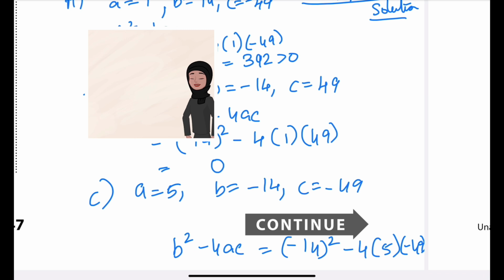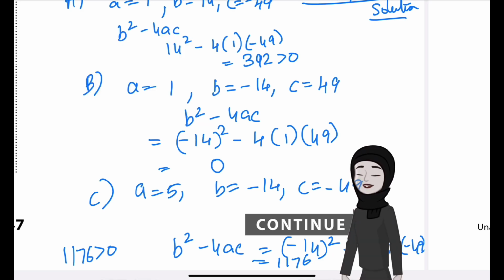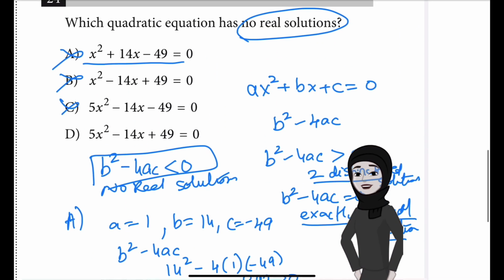When you simplify this, the value of the discriminant is 1176. Now 1176 is greater than 0, so this quadratic has two real solutions. So answer choice C is also not correct.